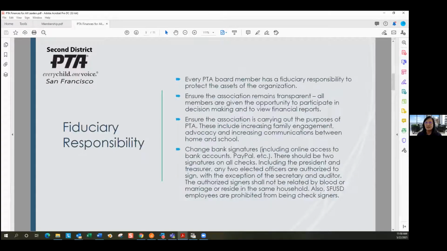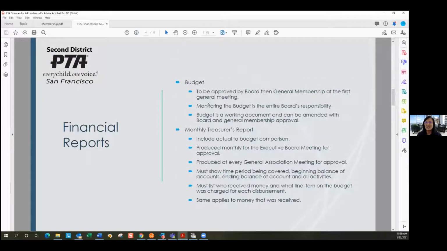The second document is a monthly treasurer's report. The treasurer's report should include some actuals versus budget, and it should be presented monthly to the executive board for approval first, and then at the general meeting for the association to approve as well.